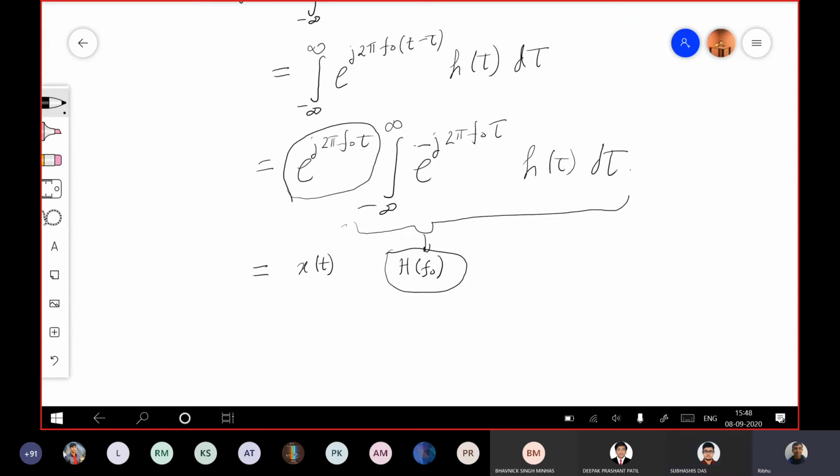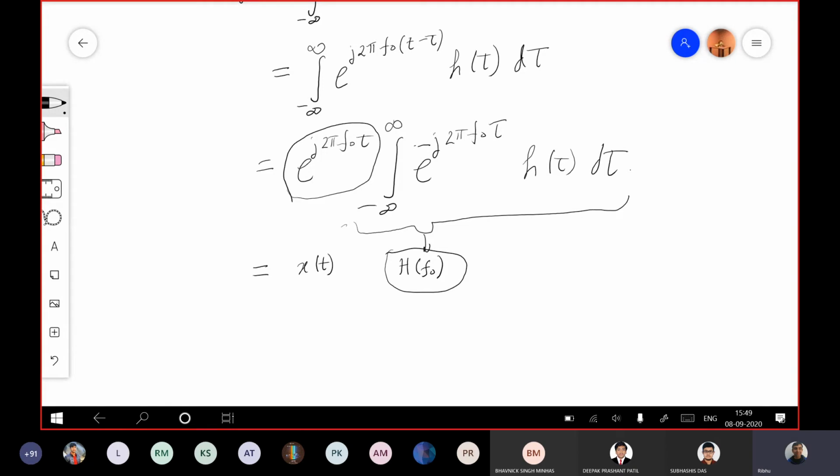This works for any linear time invariant system. If the system is in the form of a gate function, you feed it a gate function, you will get a triangular output. If it is a differentiator, you feed it something, you will get the differentiation.